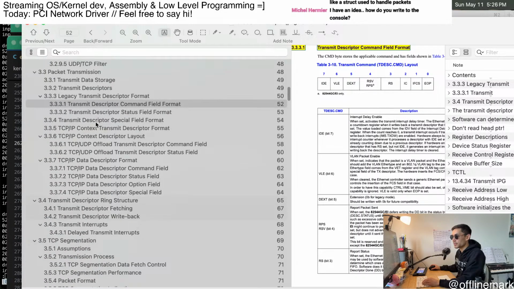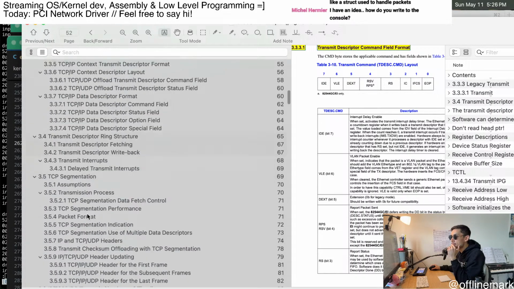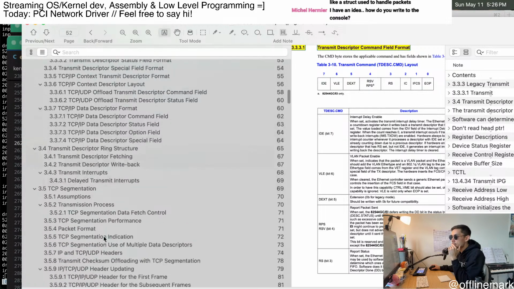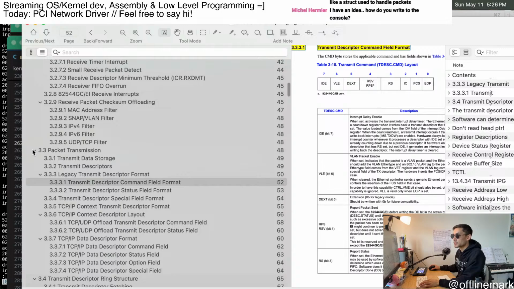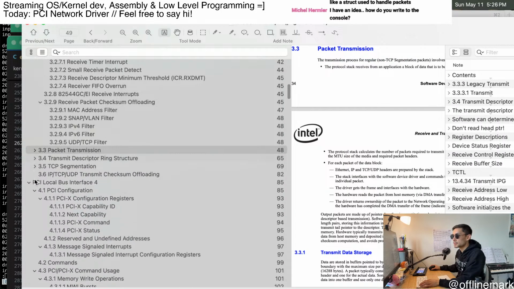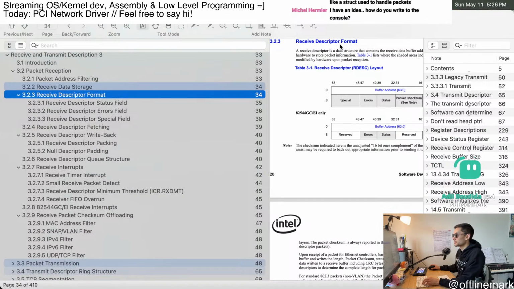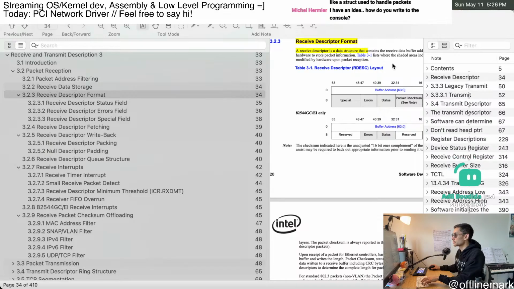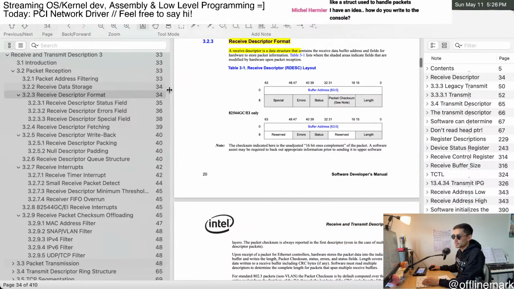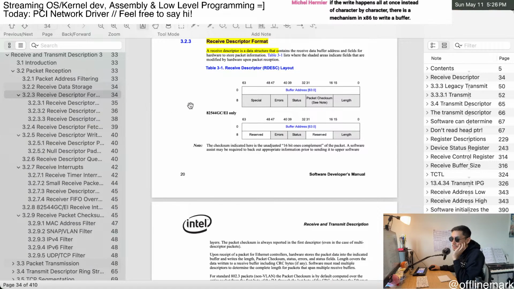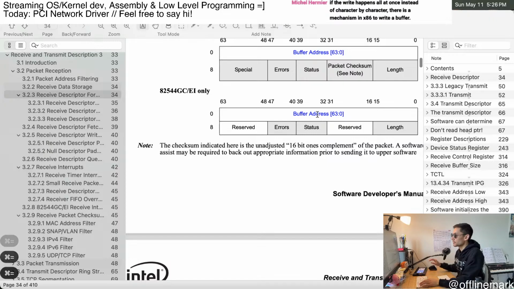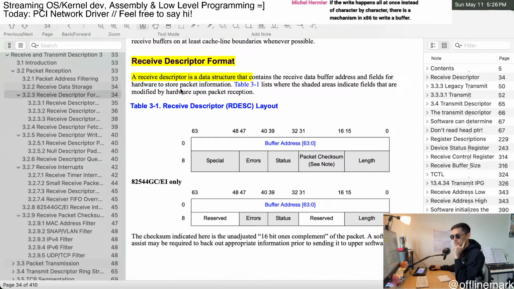I'm looking for the receive. If the write happens all at once instead of character by character, there is a mechanism in ASIC to write a buffer. Okay, I don't know if I exactly understand that comment.